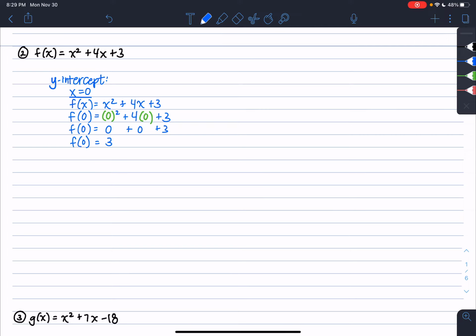All right, so again, this basically tells us that our y equals 3 when x is 0. So our y-intercept will occur when y is equal to 3, or at the point 0, 3. And that's it. Voila. All right. So that's our y-intercept. Very, very lovely.